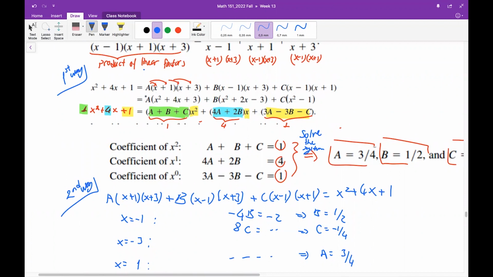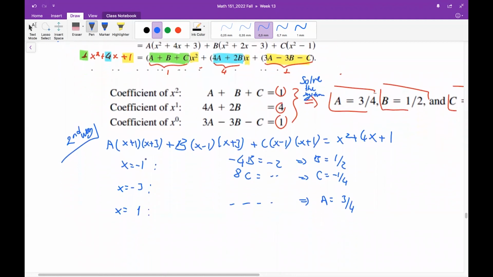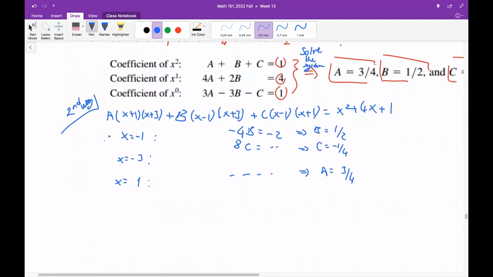Instead of doing all the computation, comparing the coefficients of x squared, x and the constant term, and solving the system, you can start inserting the roots, okay? Insert the roots. So the first root is x equals -1, right?